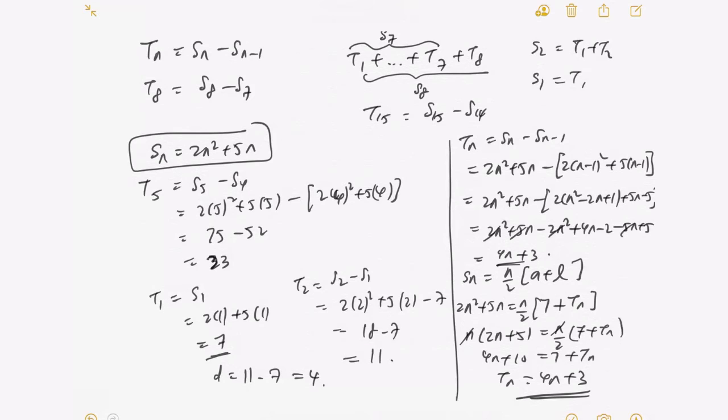Alright, so another one is finding the sum from Tm to Tn from Sn. Now, we know that if, let's say, your T1, T2, T3, T4, T5, T6, T7, something like this. Okay, maybe I want T8.